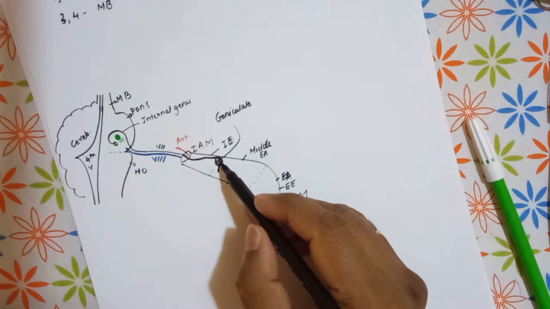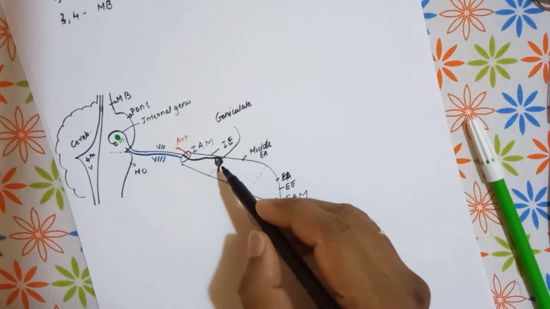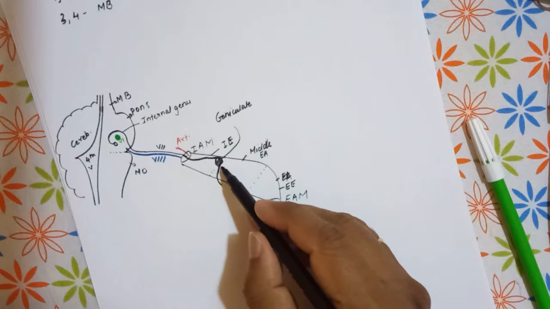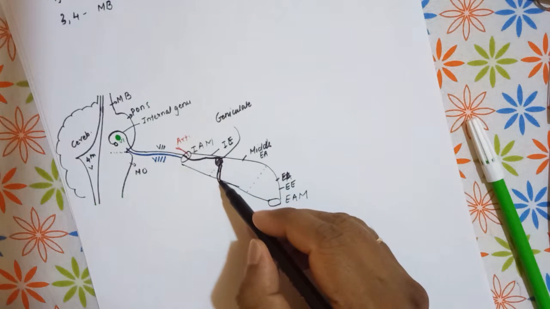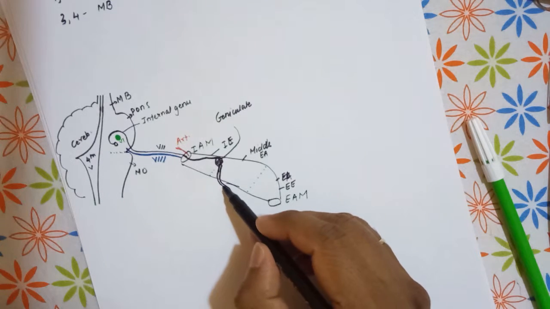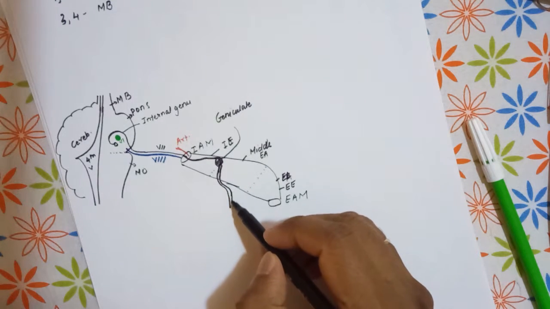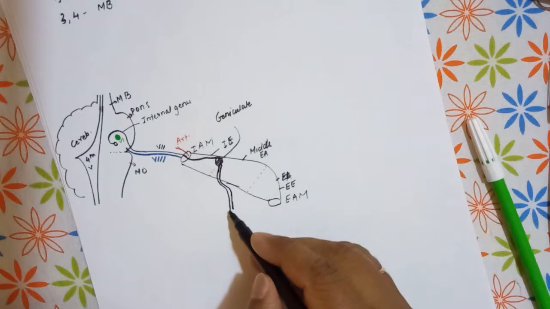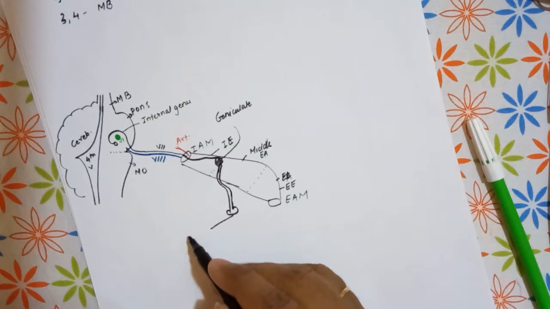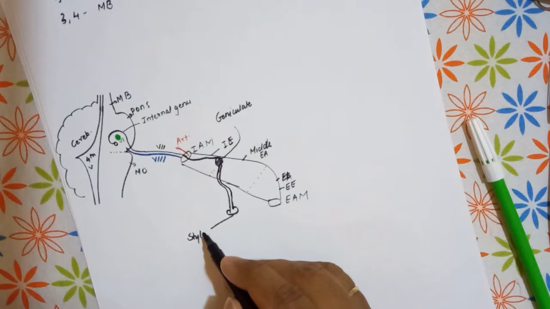The facial nerve, after it meets the geniculate ganglion, turns towards the posterior side of the middle ear. So it goes to the posterior side of the middle ear, remains there for some time, and then goes straight out through the base of the skull through an opening called the stylomastoid foramen.